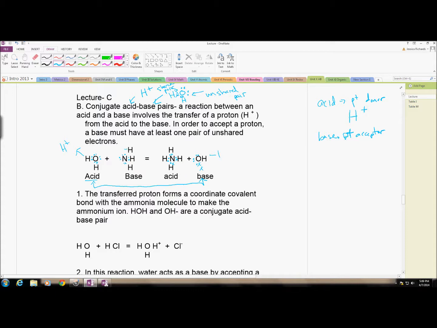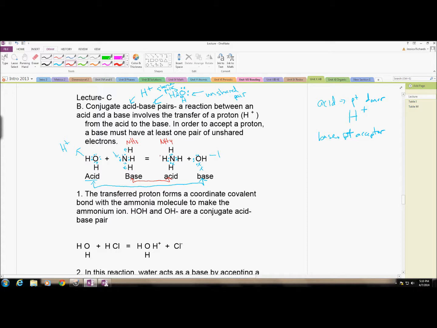Our ammonia, pretend these hydrogens are lined up correctly with our Lewis dots, has one unshared pair of electrons right here. When it reacts, it goes from NH3 to NH4. So it gains a proton. It has one extra hydrogen.